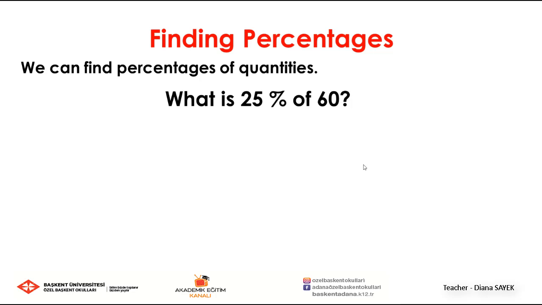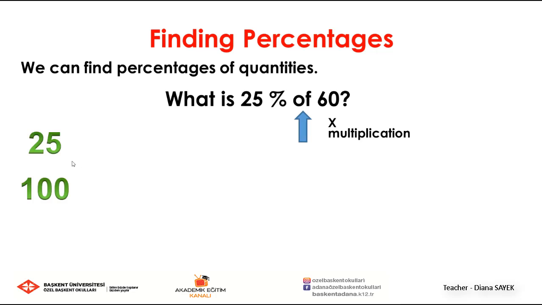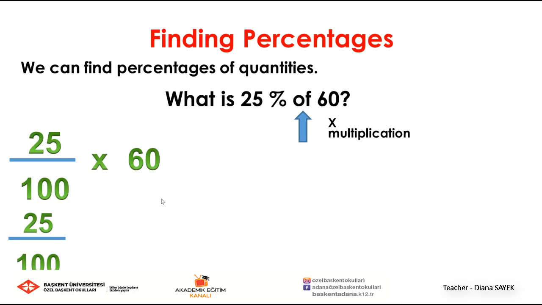Let's do one more example. So we're asking now, what is 25% of 60? So what do we do first? Let's not forget that "of" is telling us we're going to do a multiplication. So we write out our fraction, which is 25, what they're asking, over my total of 100, multiplied by 60. So let's simplify.